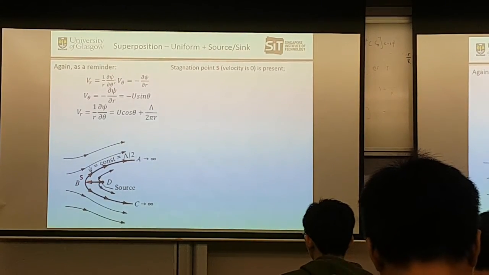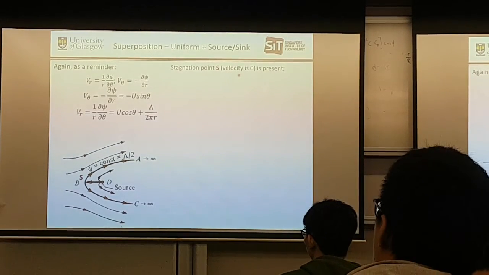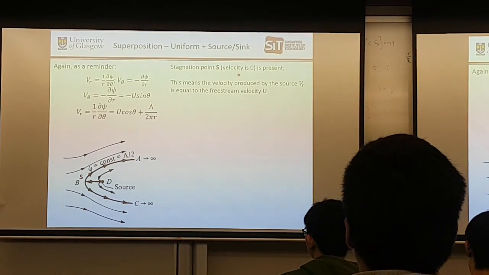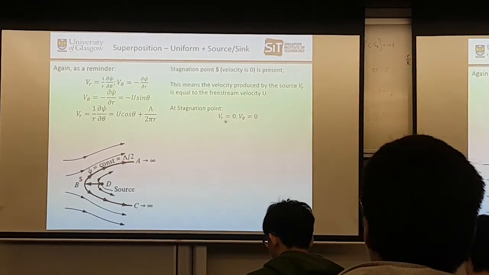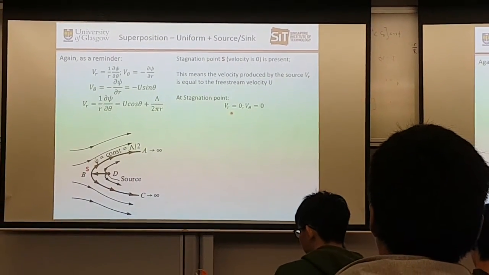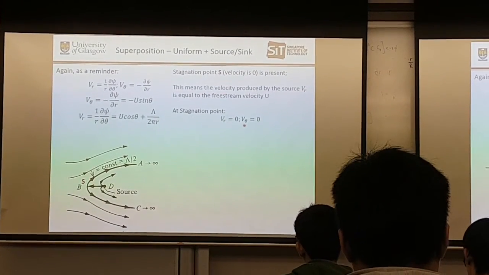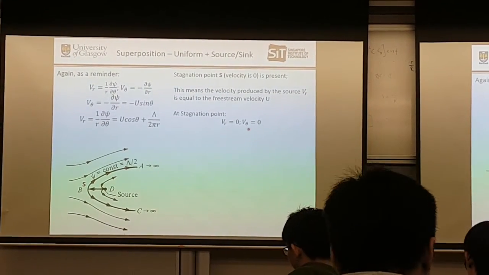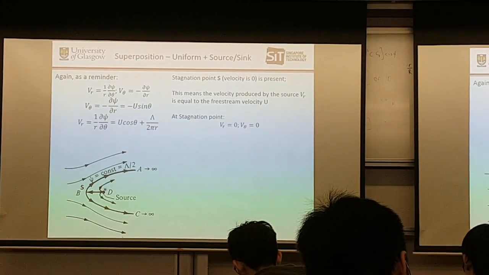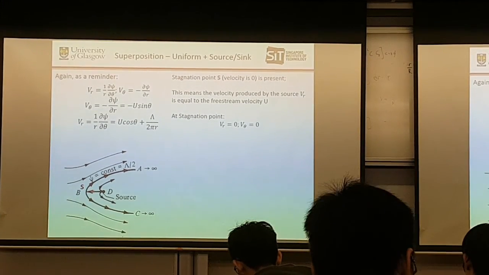That means if I say velocity equals 0, what does this mean? It means that at the stagnation point, my VR and my V theta have to be equal to 0. Agree? Because if VR is not 0 or V theta is not 0, I cannot have a stagnation point. Stagnation point is a total velocity of zero.